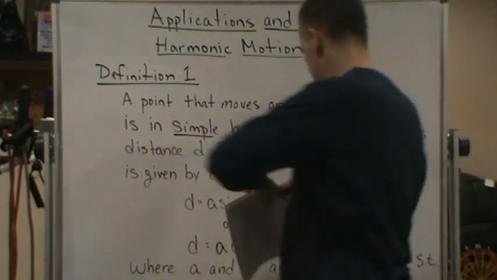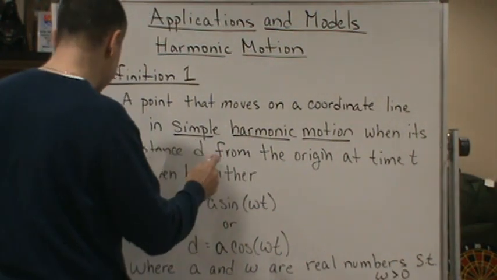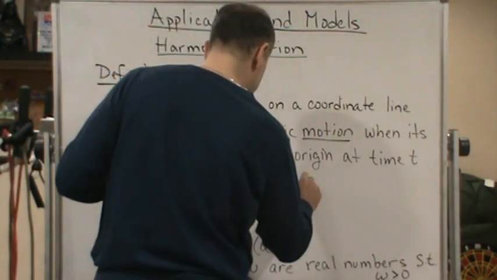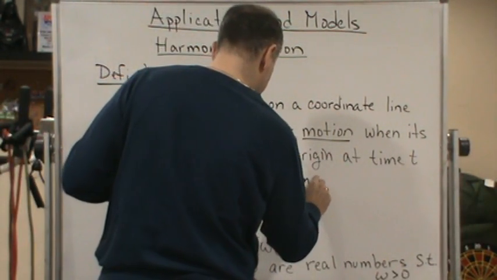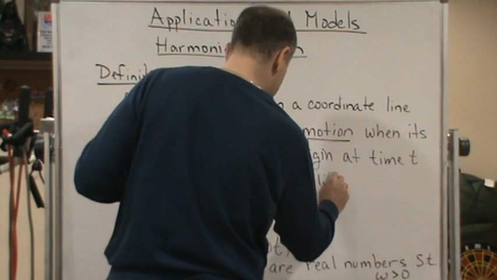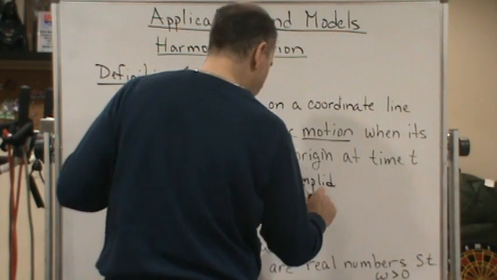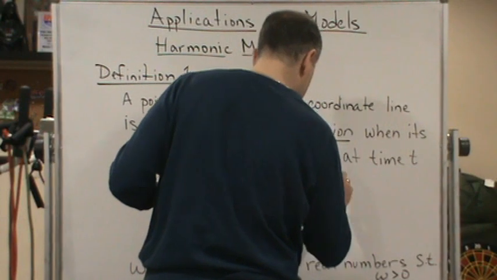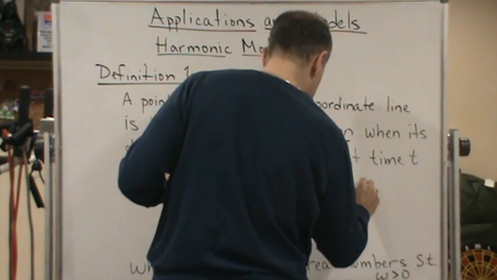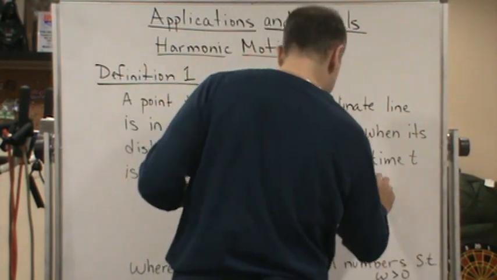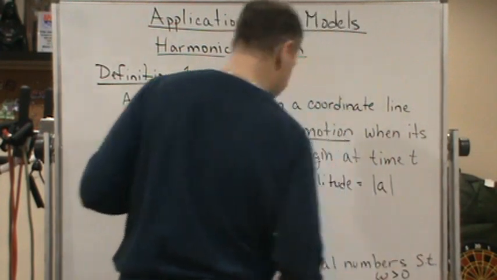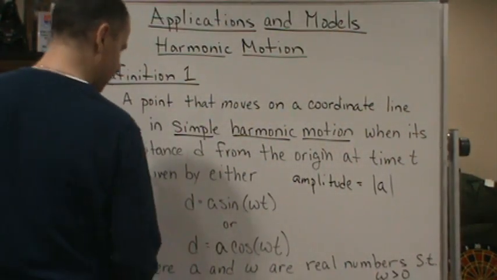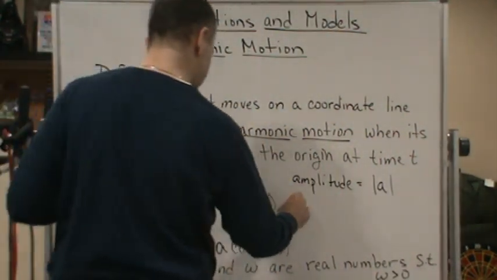Okay, so also, when we have this, we also have these definitions here. So we would define amplitude, again like we had before, as the absolute value of A. The absolute value of A would describe the amplitude.